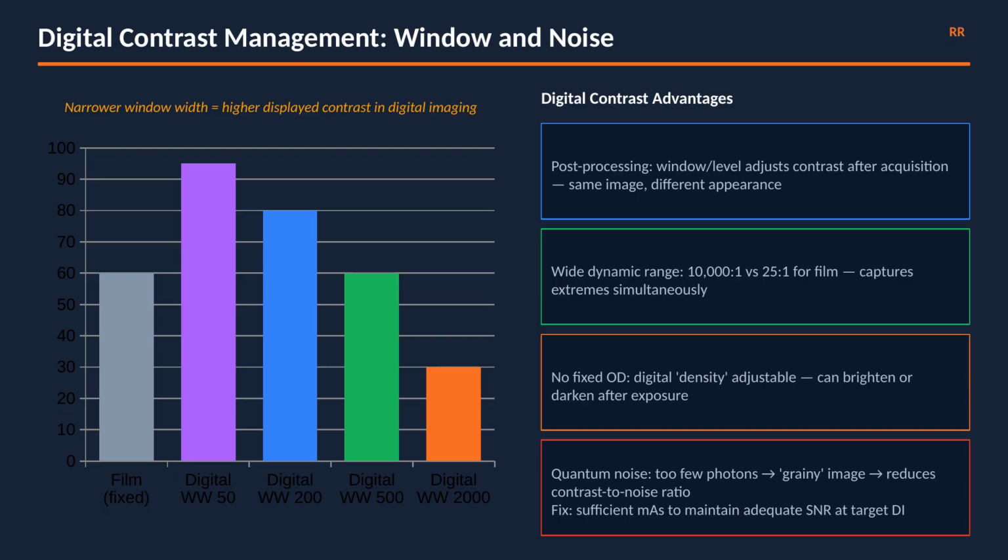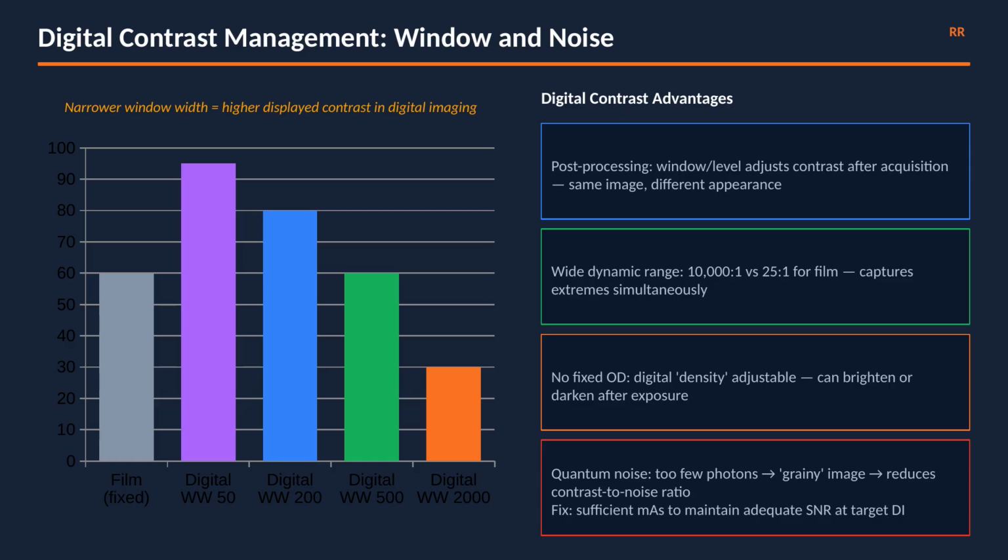The radiographer still selects the best kVp for subject contrast, but the display can then be tuned for each diagnostic task. For digital contrast considerations: post-processing, window and level adjusts contrast without changing the underlying data. Wide dynamic range, 10,000 to 1 versus 25 to 1 for film.